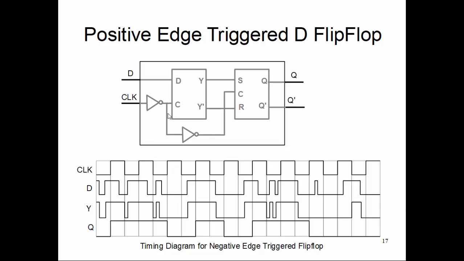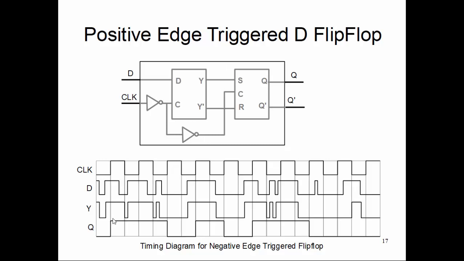You see that the Q value changes only when the clock goes from low to high. That means your data D gets registered only when you are at the low side of the clock, right?